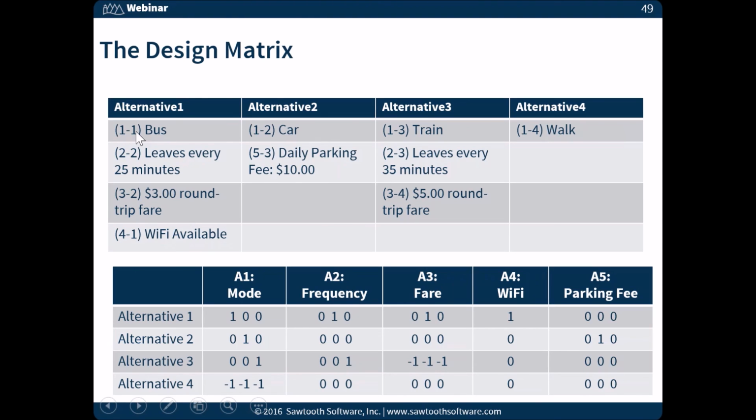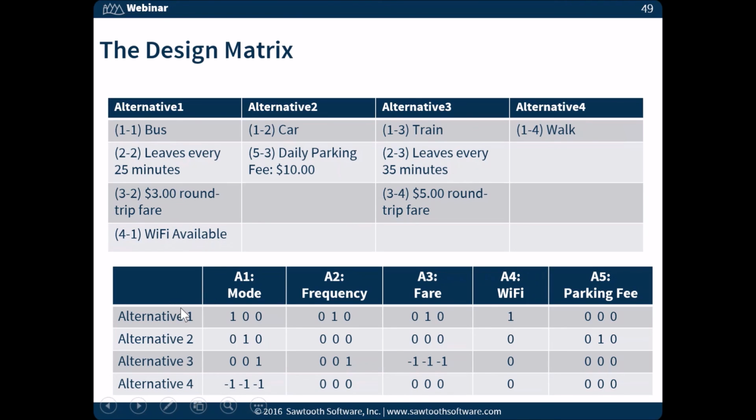So bus is attribute 1 level 1, car is attribute 1 level 2, train is attribute 1 level 3, walking is attribute 1 level 4. And then we have our frequency, attribute 2. Leaves every 25 minutes is level 2, and that also applies to alternative 3, the train. Leaves every 35 minutes is level 3, and so on and so forth.